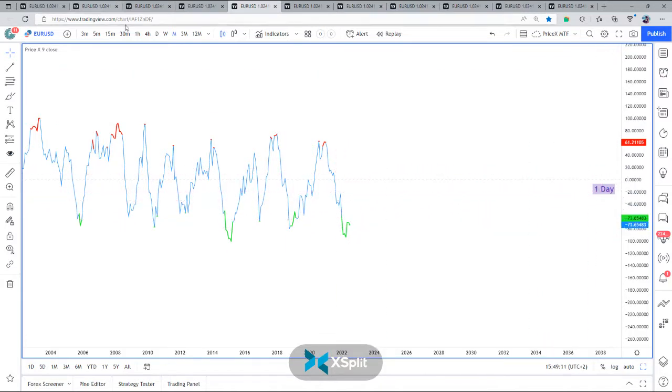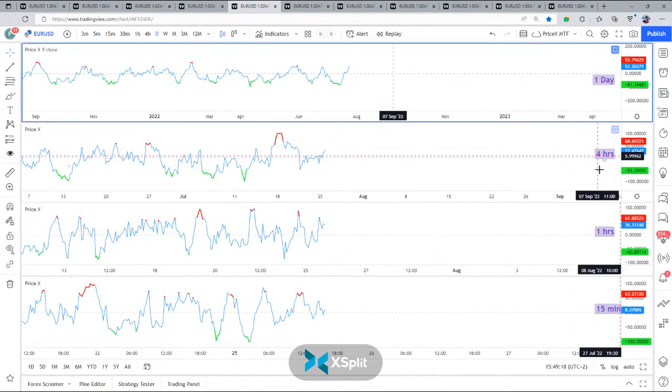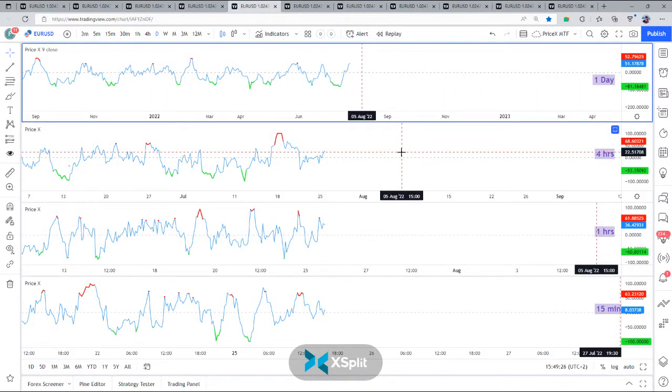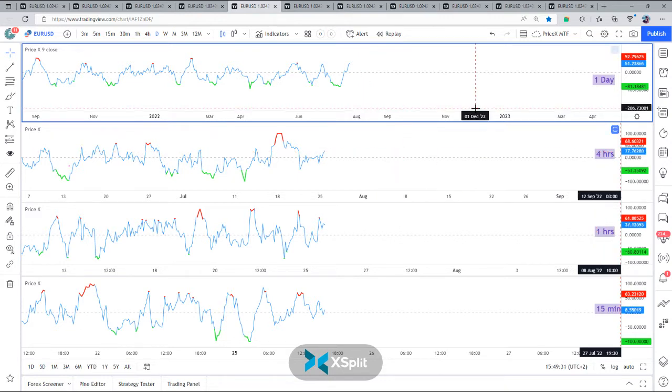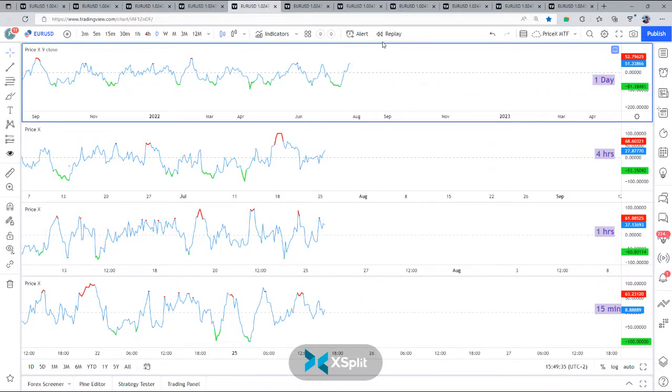It's not the daily because that's another chart I can show you that I'm using. And I use a lot of multi-time frame charts like this one. You see daily, 4 hours, 1 hour, and 15 minutes. It's the same indicator on different time frames that shows us how is the price on the different time frames we are speaking about. So you see here on the daily, we remember the monthly is a strong bullish momentum.